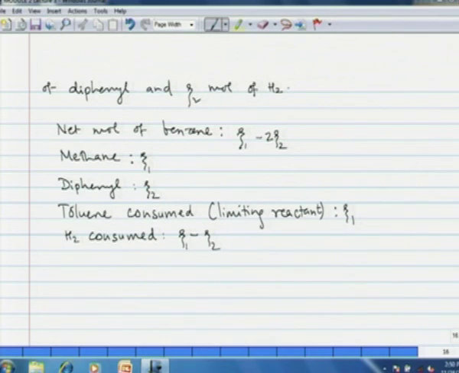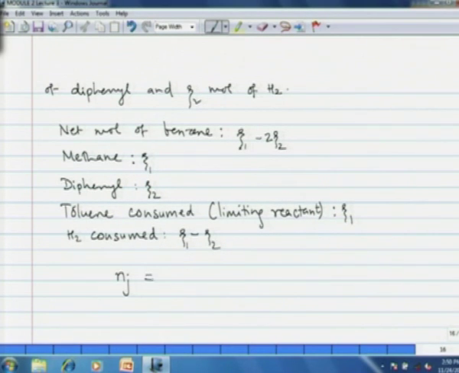Now, in case of multiple reactions with multiple products, we can write a generalized expression as moles of a particular component j are equal to N_j0, which are the initial moles, plus the sum of nu_ij times zeta_i. Now, i here indicates reaction and j a component, which could be either reactant or product.